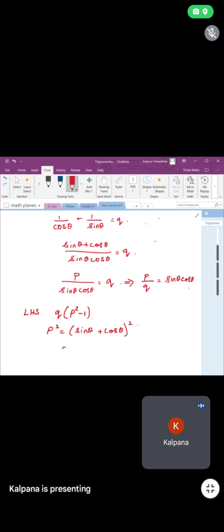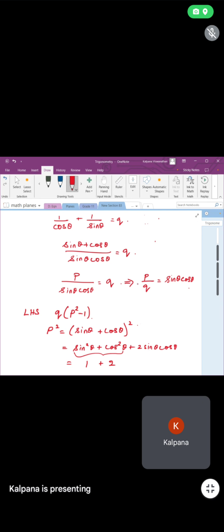We use the identity. P square equals sin square theta plus cos square theta plus 2 sin theta cos theta. Sin square theta plus cos square theta is nothing but 1, plus 2 times sin theta cos theta.